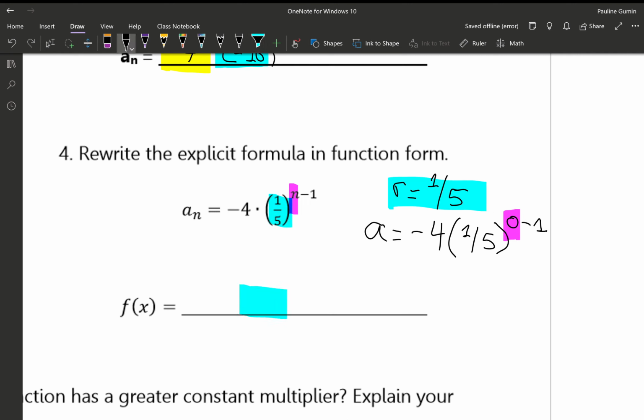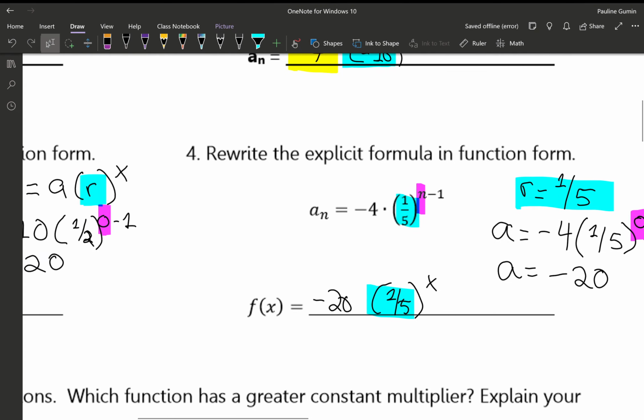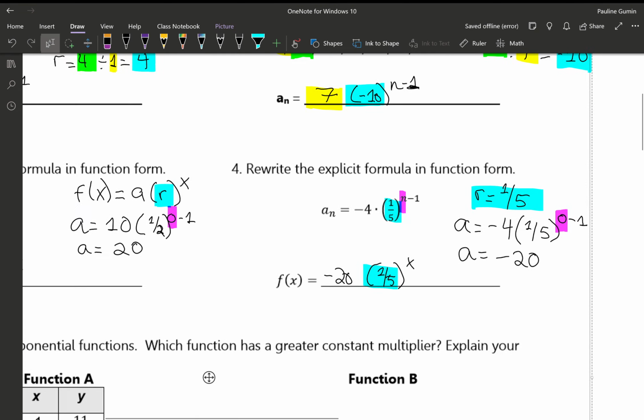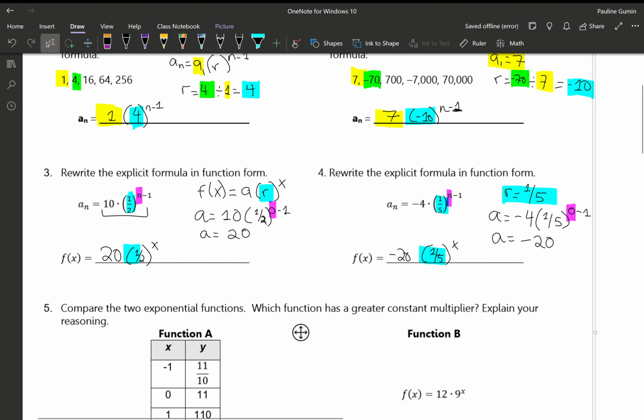Hopefully you've typed that into your calculators. When we press enter, you should get negative 20. So negative 20 times 1/5 raised to the power of x. Not too bad. The hardest part, I think, in number 3 and 4 is entering it into your calculator correctly.